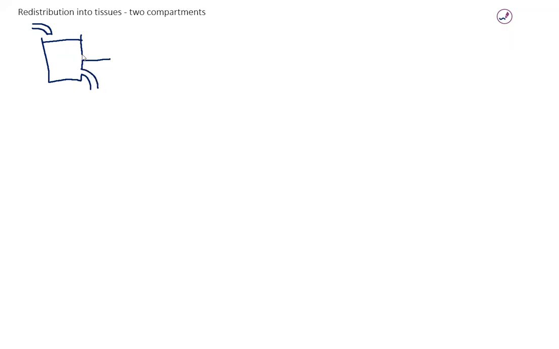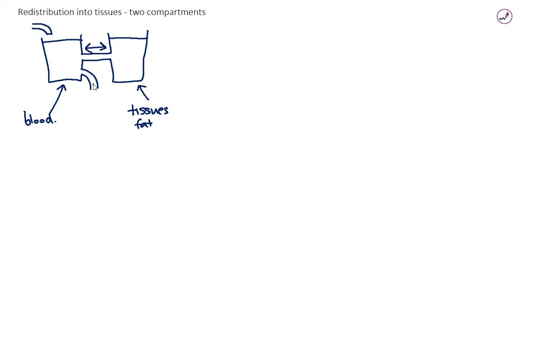But that is connected to another compartment. So the first one might represent the blood, plasma, and maybe body water. And this second one represents the tissues or fat. So you can get exchange between the compartments.